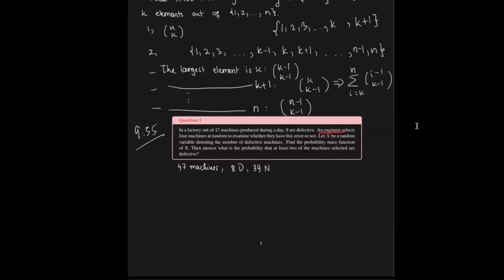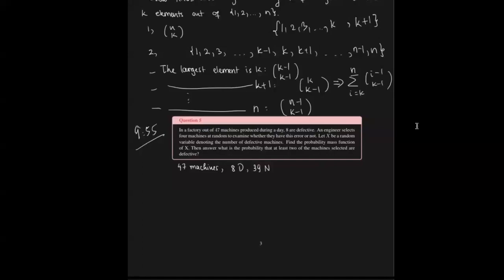So an engineer selects 4 machines at random. Let's see. And X denotes the number of defective machines. When they don't mention anything like this, then normally when you select something, you select it without replacement.